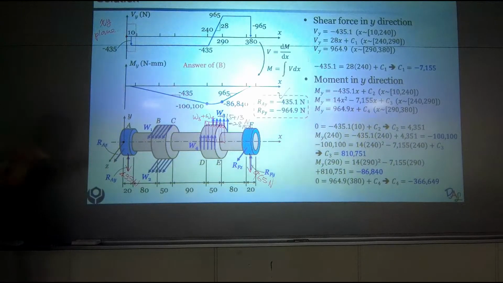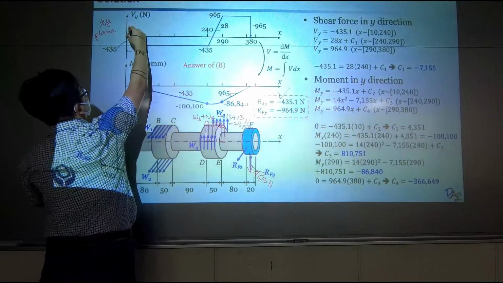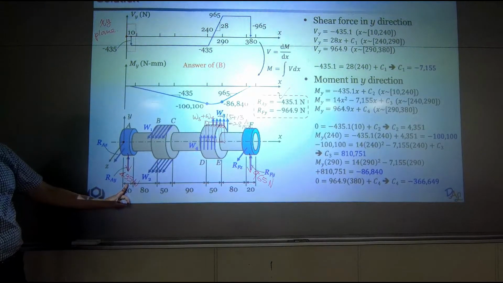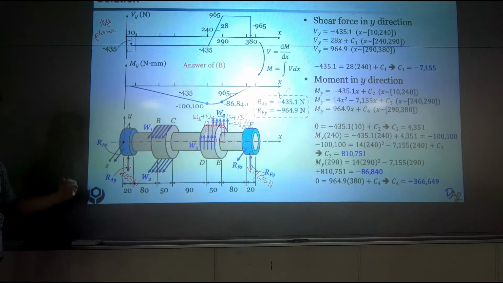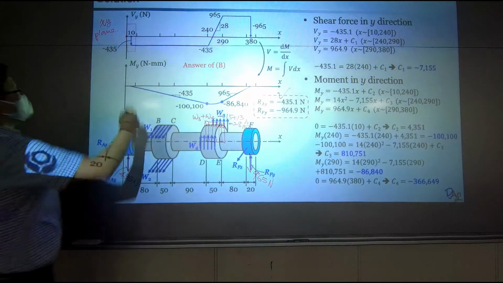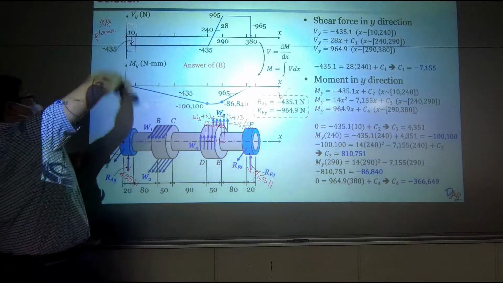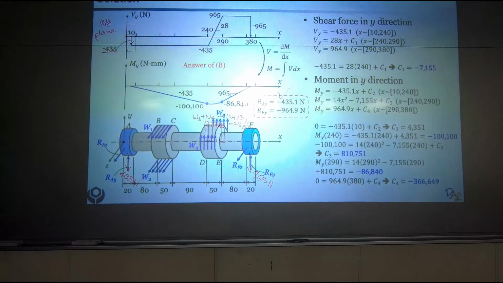And over here, we assume there is a concentrated load pointing downward. Right at this point, I know there's a force pulling downward, 435 Newton. So you just make a drawing of this, and because it's going downward, negative 435.